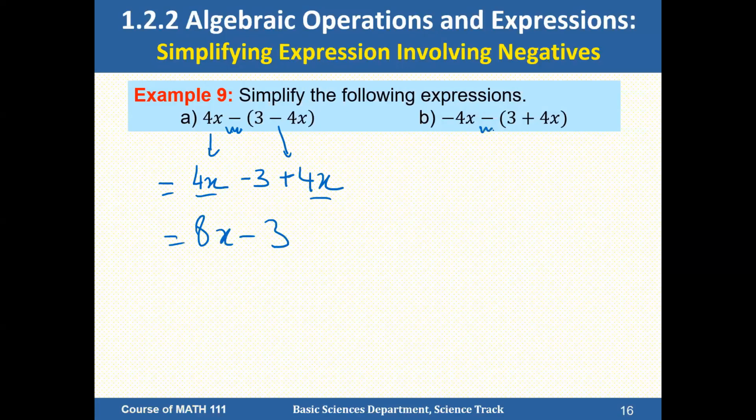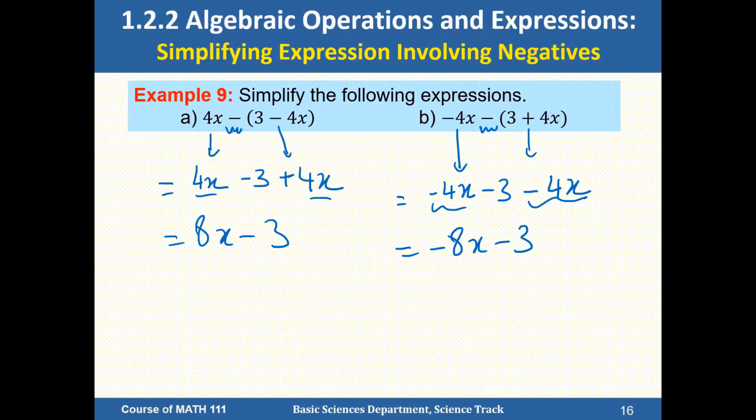Here it's the same. We have minus in front of the parenthesis, so we change all the signs. It was plus, it becomes minus. It was plus, it becomes minus. Then we add like terms: minus 8x minus 3.